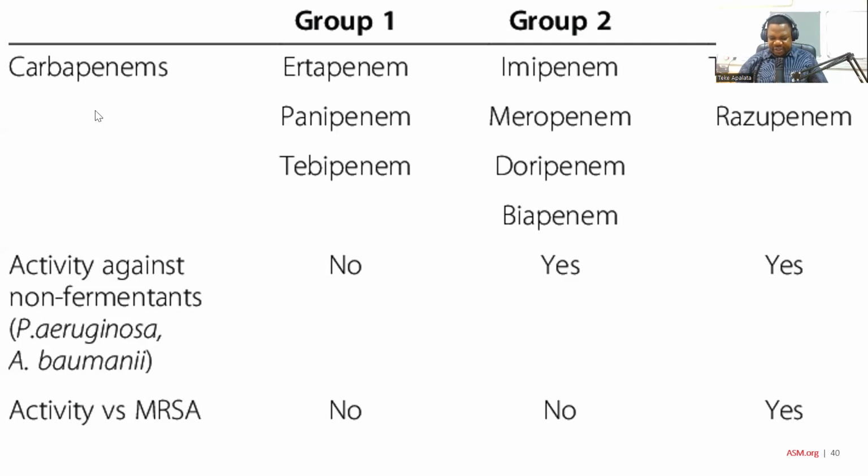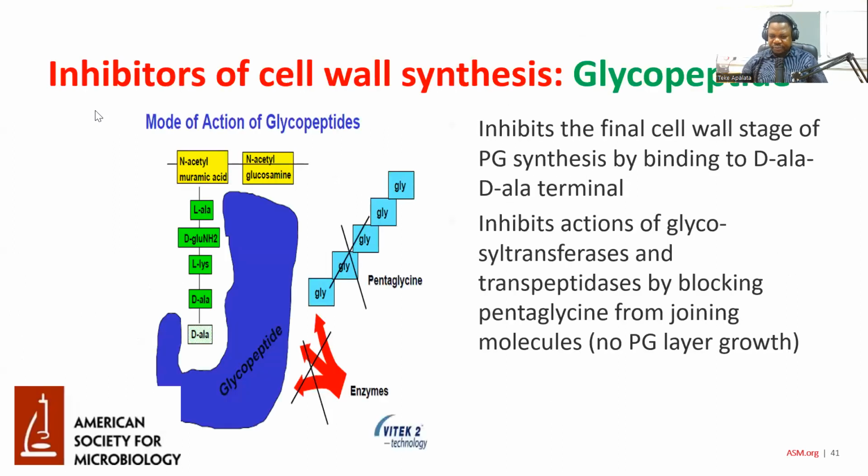But activity against gram-positive, we say they have, but does that activity include MRSA? No for group 1 carbapenems, and no also for group 2 carbapenems. Only group 3 carbapenems have activity against MRSA. So this is very, very important to know.